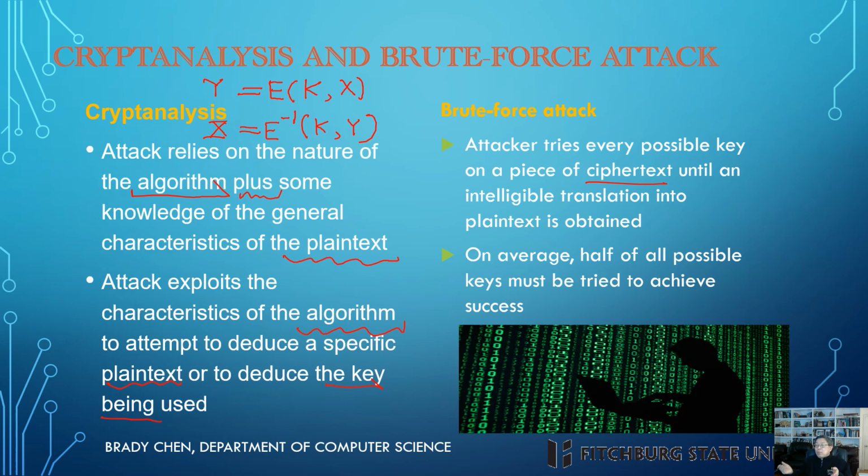For example, if the encryption algorithm uses only 100 keys, then with a piece of ciphertext, you can try all 100 different keys. You can try the first key, key 1, with the ciphertext and try to generate a message, I call it X1. Then you use the ciphertext and key 2 to generate another message, X2.